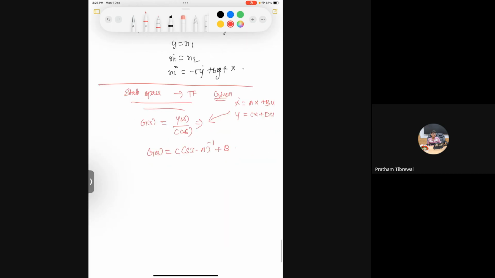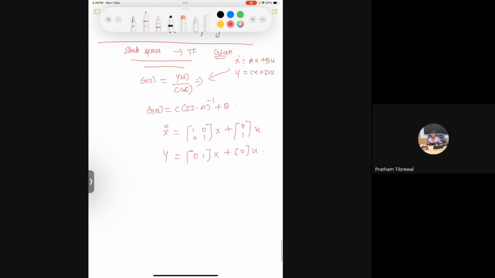So if I give you x dot equal to [1 0; 0 1] x plus [0; 1] u, y equal to [0 1] x plus 0 into u, now I will just substitute.